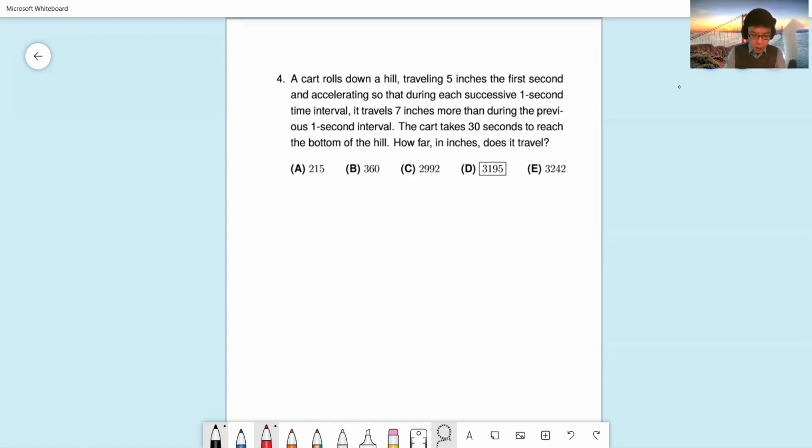In the first second, the distance is 5. In the second second, the distance is 5 plus 7. In the third second, this is 5 plus 7 plus 7, so 5 plus 2 times 7. So the last second is 5 plus 29 times 7.